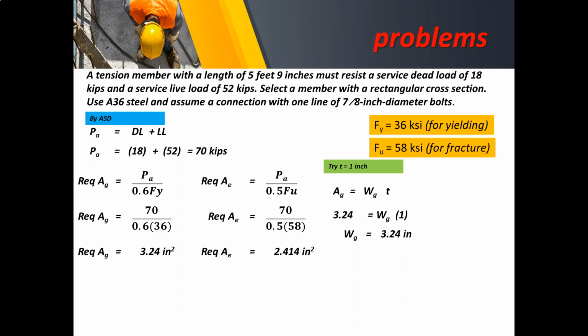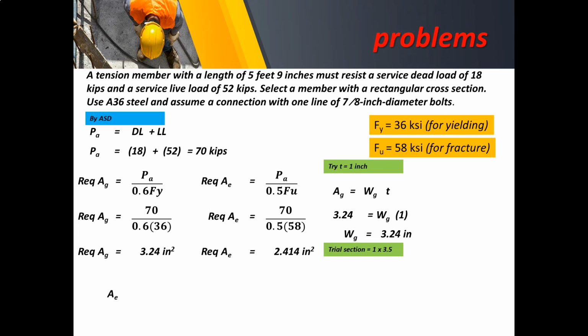So again, 3.24 inches is the net width, and the nearest section with the width of 3.24 is 3.5 inches. So therefore, similar to the LRFD, the trial section is 1 by 3.5 inches.